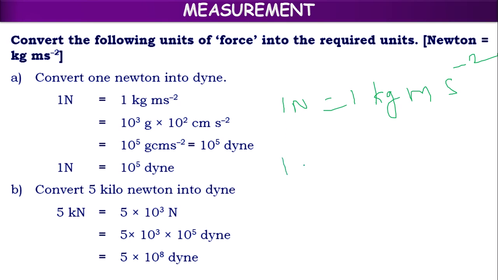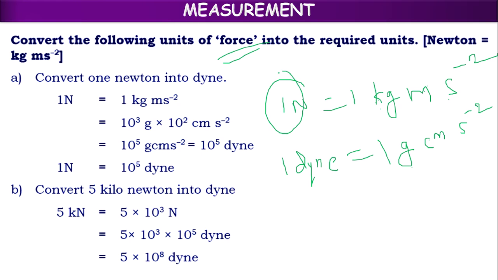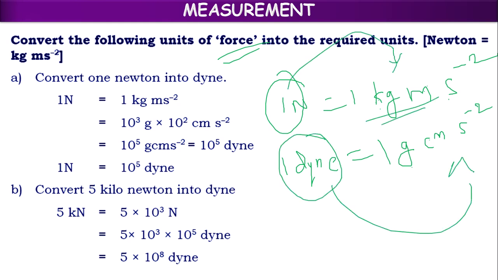In the place of kg we have to write gram, in the place of meter we have to write centimeter. The quantity of time is the same in all systems. So force is measured in newtons and dynes.